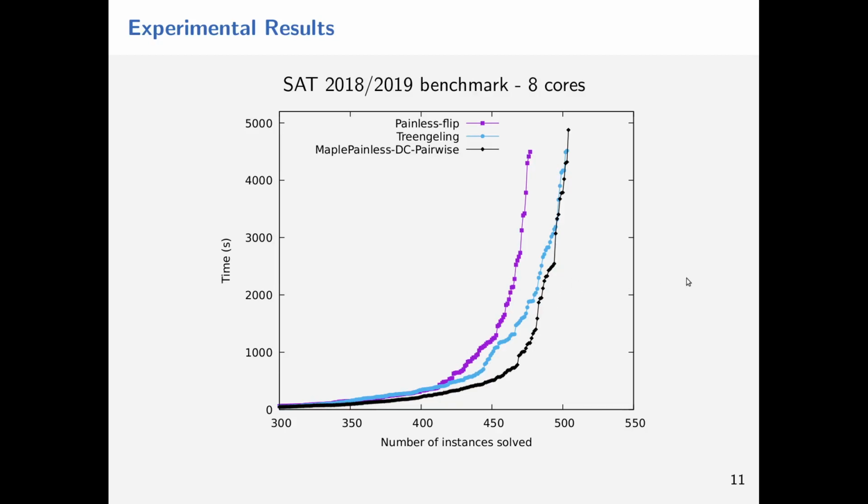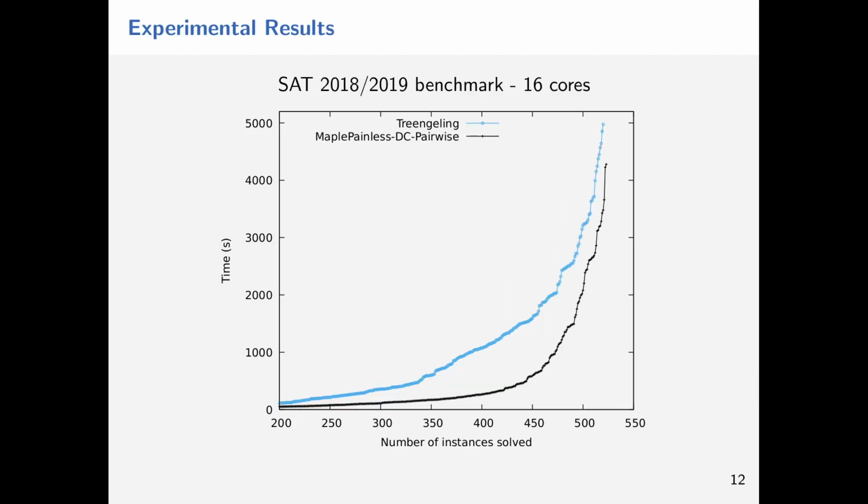And the interesting thing is that when we increase the number of cores, we see a big improvement in our case, which shows that our parallel SAT solver scales better with an increasing number of cores. Here we solve more instances and much faster than Treengeling using the same benchmark of SAT competition 2018 and 19.